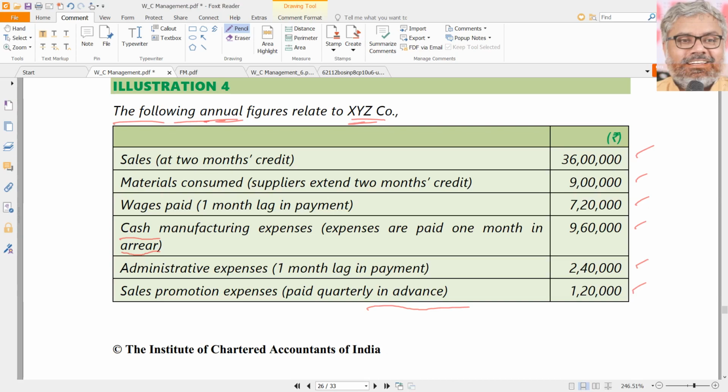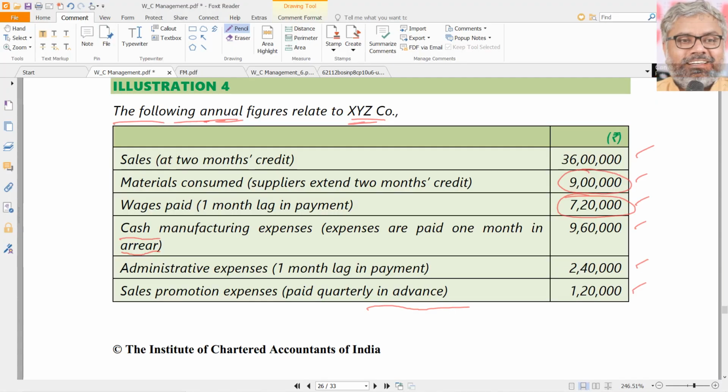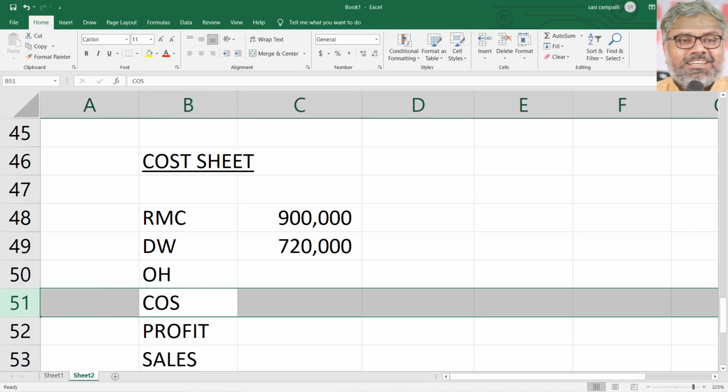Then wages is 7 lakh 20,000 rupees. Then overheads have so many types. We cannot directly take one overhead here. Different types of overheads are there.